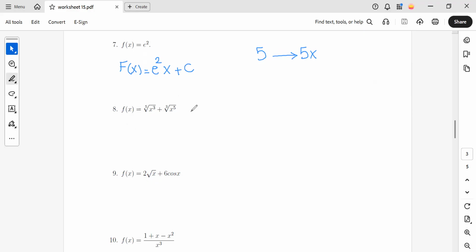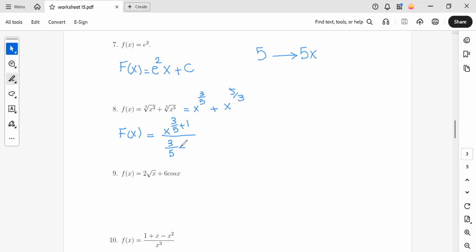Number 8. The easiest way to do number 8 is just to rewrite it first as a power. We know that this is 3 over 5, and the second one is x to the power 5 over 3. So in order to find antiderivative, we're going to say the power plus 1 over the same number.